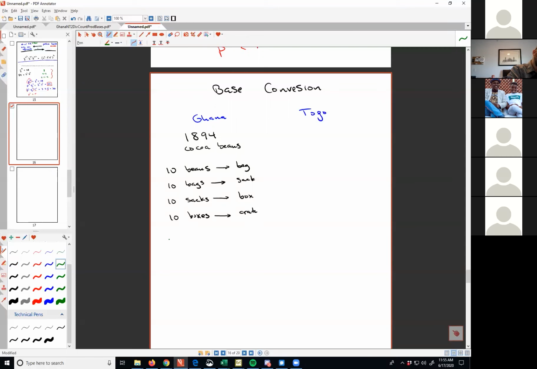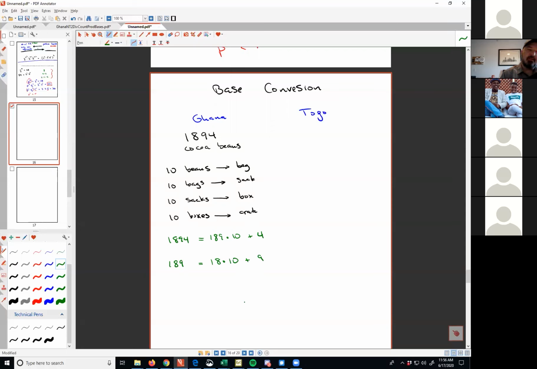Yeah, and so if we were to package this up, we might start by saying, we're going to take those 1,894 beans, and we're going to put these first into bags, and we're going to have 4 left over. But we have 189 bags. And then we take those 189 bags, and we package as many of those as possible into sacks.